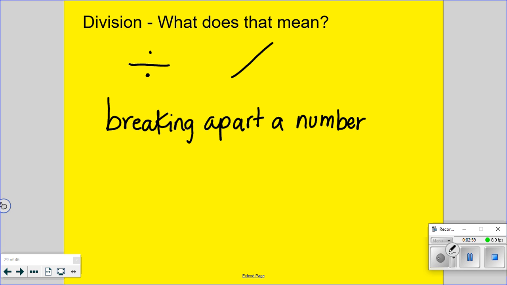But they do say this word. Divide. Share. If you're sharing something, you're breaking however many things you have and putting them into groups. So even though we don't hear someone say, hey, break this number up, they might say, hey, share this stuff. That means you're going to be putting it into those equal groups.